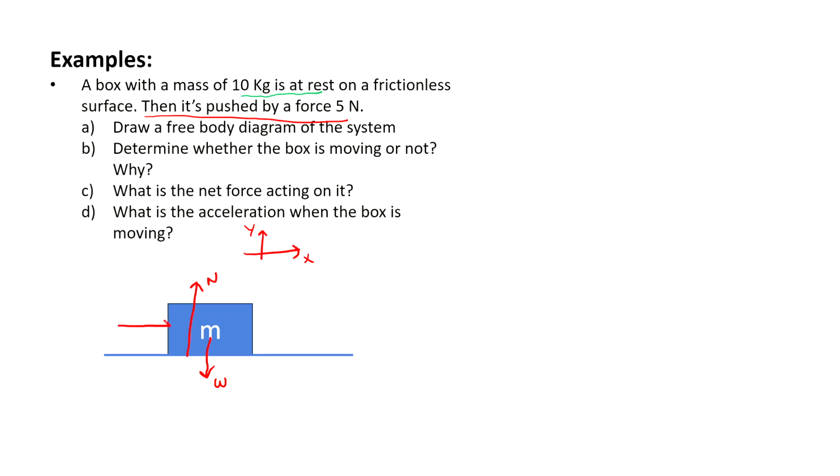There's an external force right now, that is 5 Newton. Because in the x-axis just one force is acting, directed rightward, there must be an acceleration which is directed rightward also. So this is the free body diagram of the system.